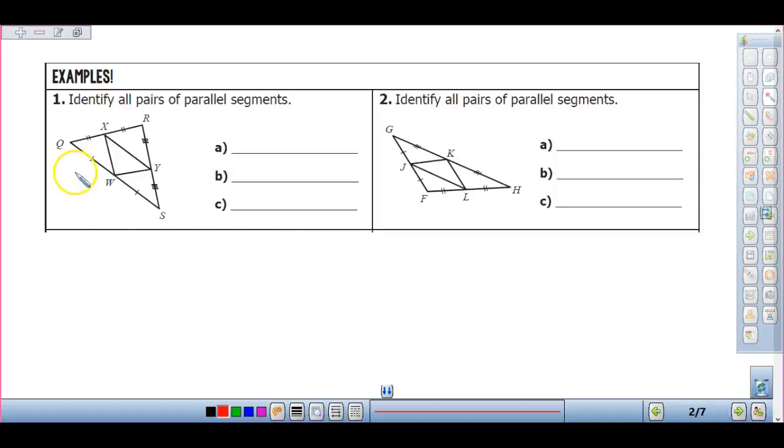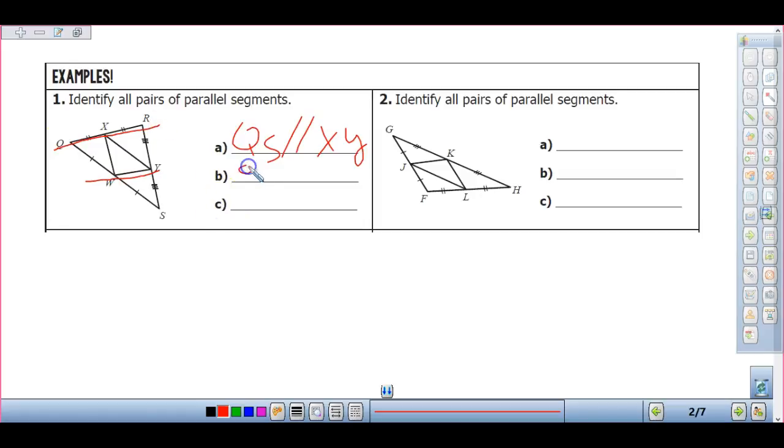Okay, so if we're looking at this, we can identify parallel segments. If I'm looking at my triangle different ways, I can go QS goes with XY. So I can say QS is parallel to XY. Excuse my writing, my pen keeps going out. Okay, and then we can look at this side here and this side down here.